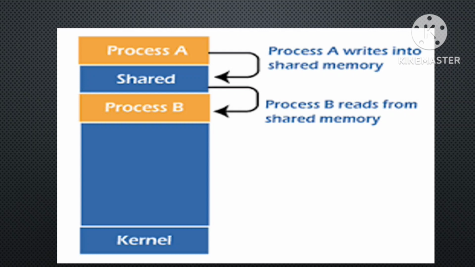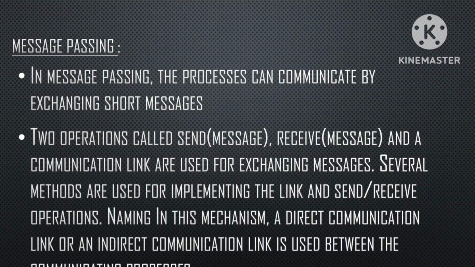And let me tell you about the second thing, that is message passing. You can see in the slide, in message passing, the processes communicate by exchanging short messages. In an easy way, it is like the modern technology WhatsApp. If I want to communicate with some person K, I send the message and person K receives the message and sends it back to me.